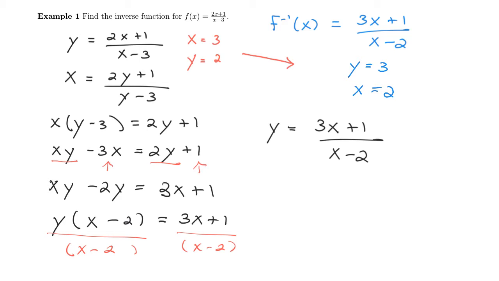The vertical asymptote is now x equals 2, and the horizontal asymptote is 3, which is y equals 3, which makes sense if you compare the coefficients in front of your x's. So it's nice to, when you get your answer, think about if the new equation you have is in fact the inverse, or maybe you made a mistake along the way. But for this problem, I'll leave it at this is the answer, and it's kind of up to you to check a couple of things to make sure that your answer seems to be correct.